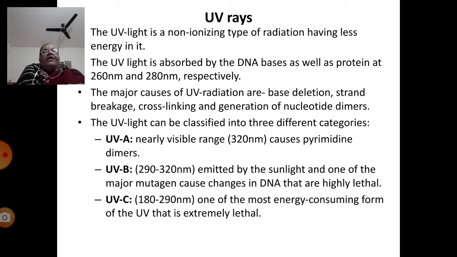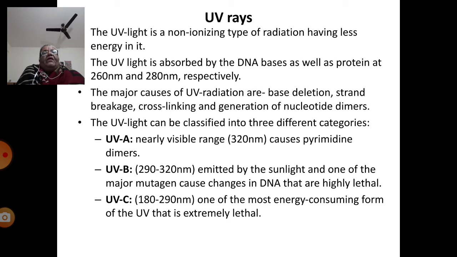Alright. And the major causes of UV radiation are base deletion, deletion of nitrogenous base, breakage of the strand, cross-linking, and generation of nucleotide dimers. And this UV light can be classified into 3 different categories based on the nanometer range.